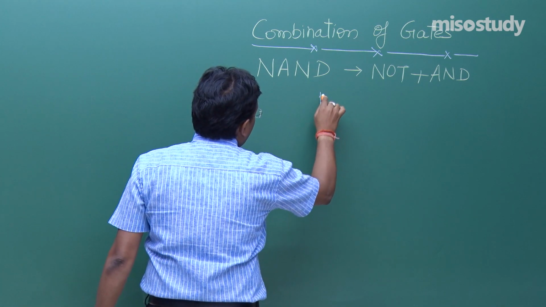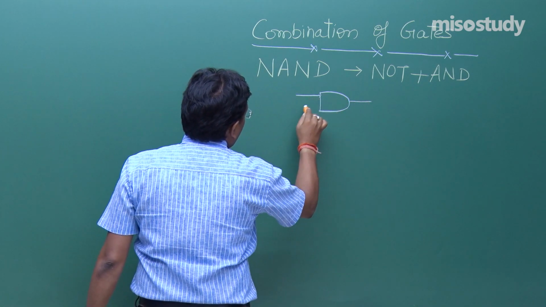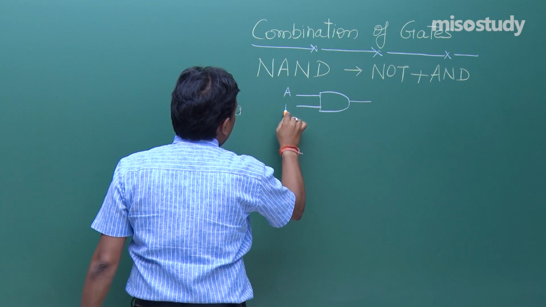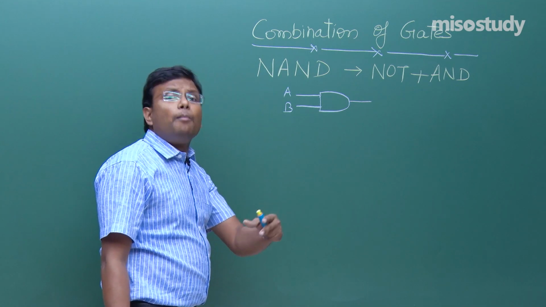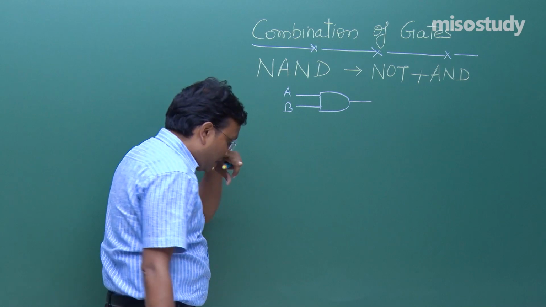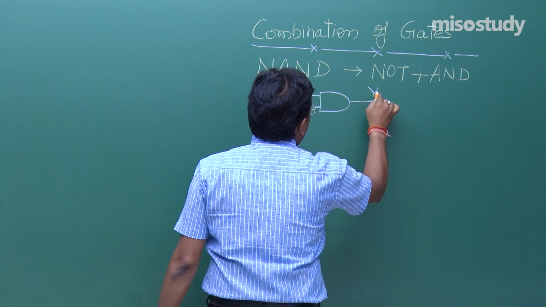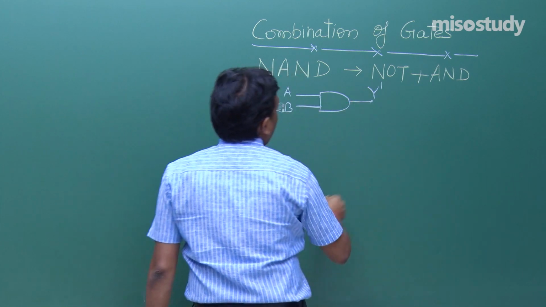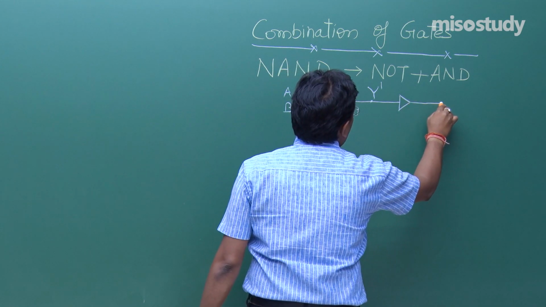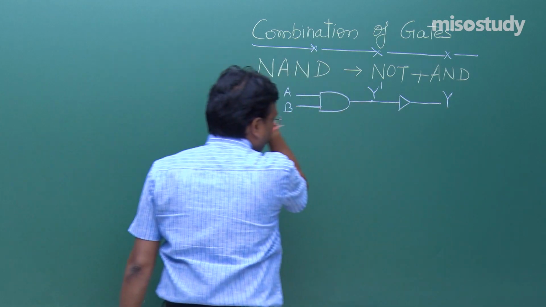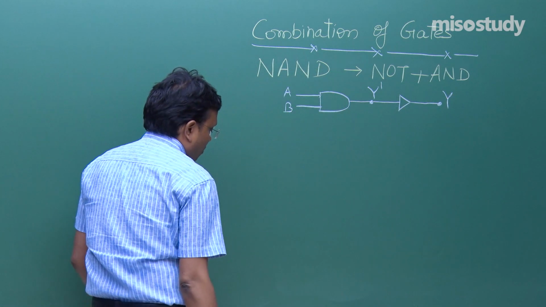First, this is your AND gate, this is A, this is B. Try to recall, I mentioned that these gates have two or more inputs but one output. So, over here this is AB and this is Y prime, the output of this. Then add one NOT gate and here you will get output Y. So, one output is Y prime and then the actual output is Y.